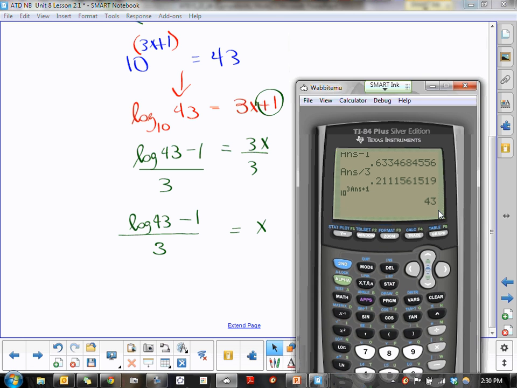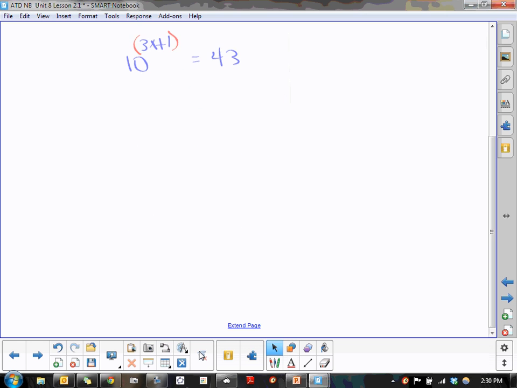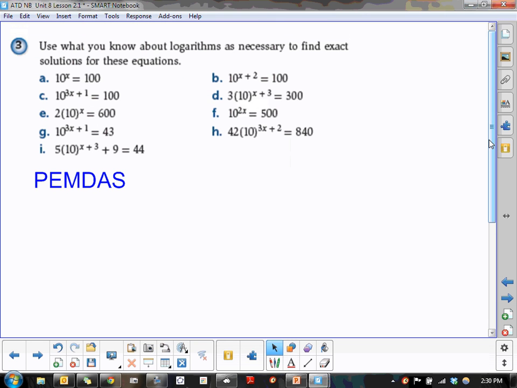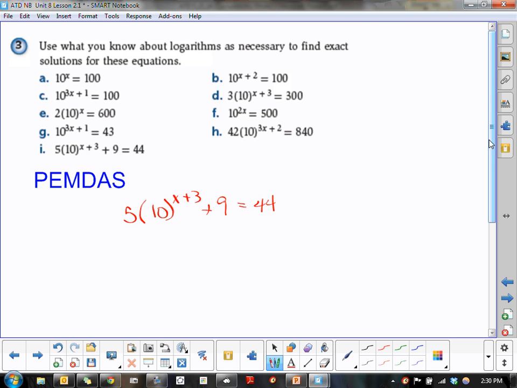Okay, we're going to do one more of these, and then we've got to jump to another idea here. Let's try I. Lots of things in here. We've got 5 times 10 to the x plus 3, plus 9, equals 44. PEMDAS backwards.